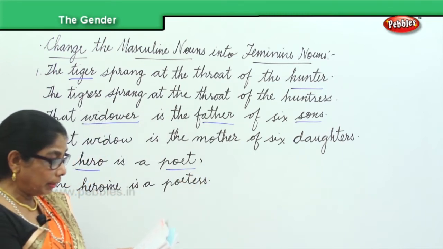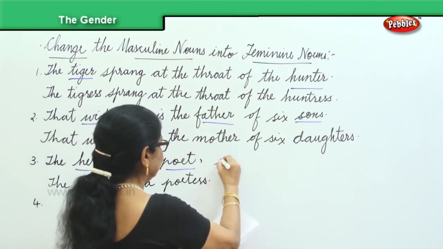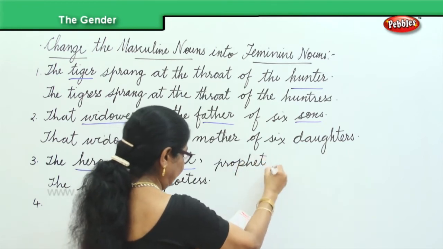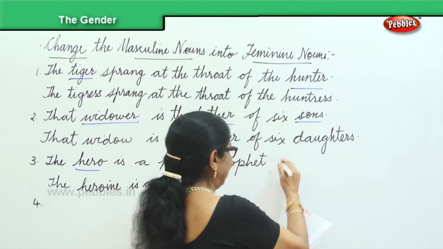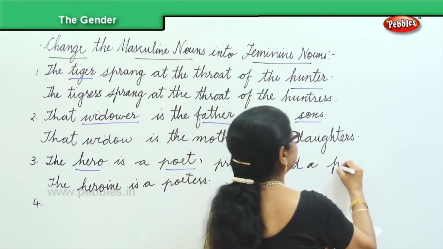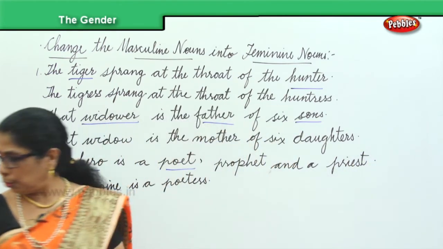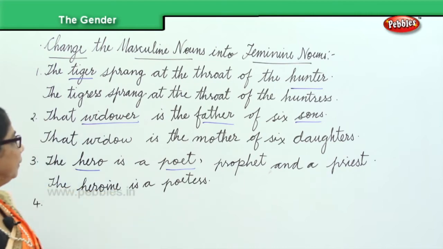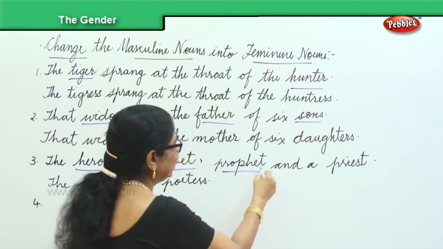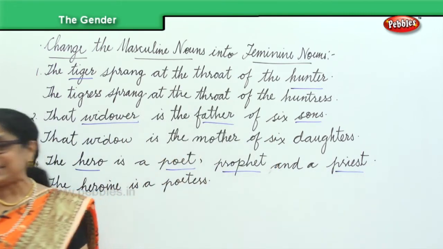I give you some more words: prophet, and a priest. That gives us two more feminine. So hero, heroine, poet, poetess, prophet, prophetess, and then you have priest. For priest, you have priestess.